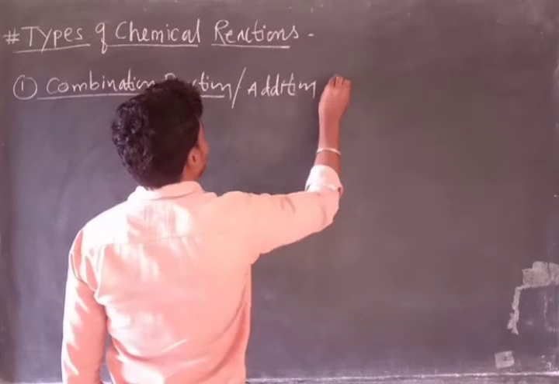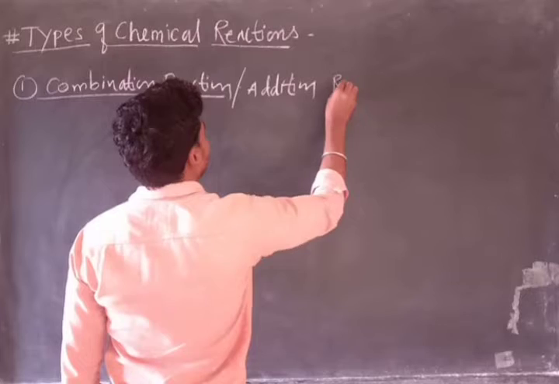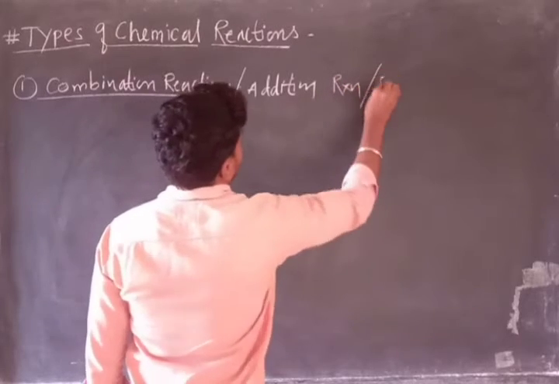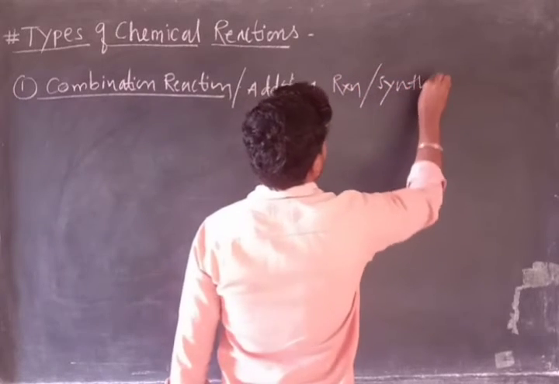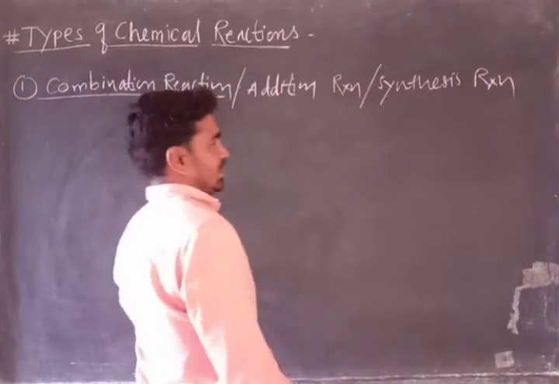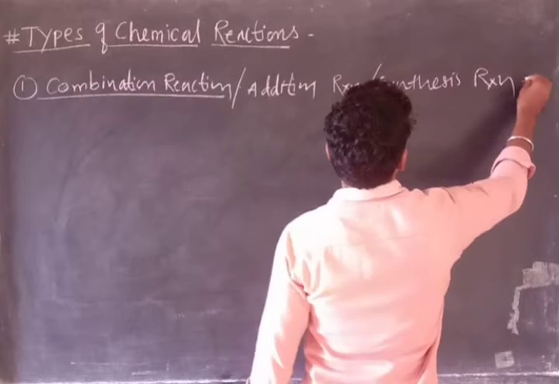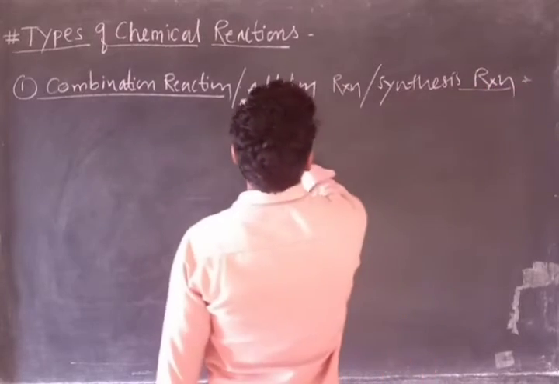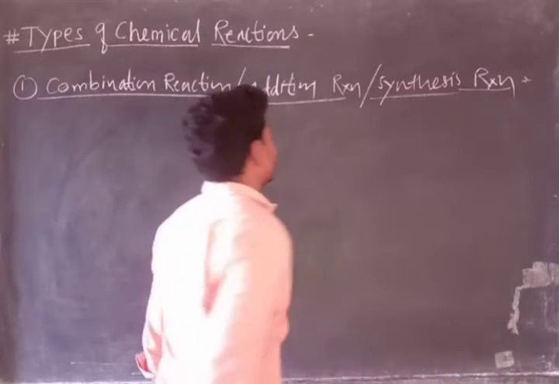The combination reaction is also called an addition reaction, or a synthesis reaction. Here I am using some alternative names, please don't get confused by these words. Addition reaction or synthesis reaction.